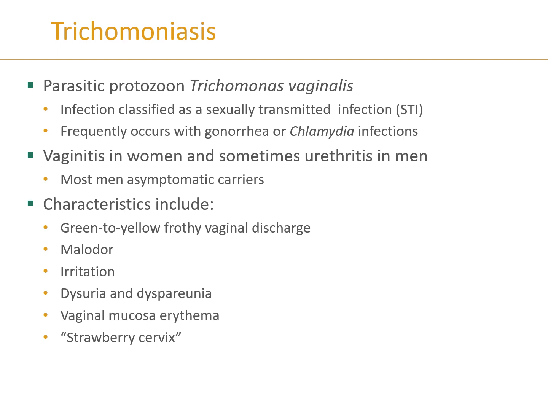The characteristics of the discharge would include green to yellow frothy vaginal discharge, an odor, irritation, pain with urination or with sexual intercourse, any kind of inflammation of the vaginal area or the external labia, or a strawberry cervix, so that whole area is just inflamed.